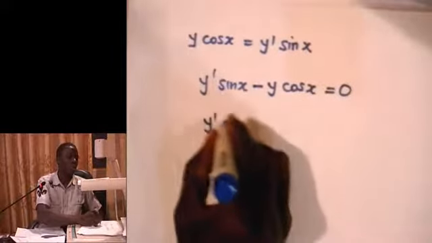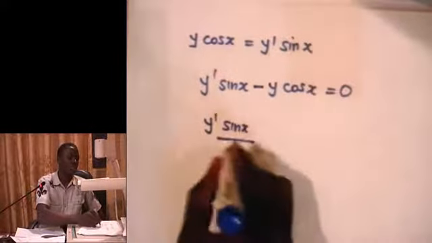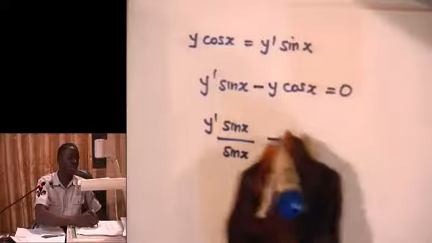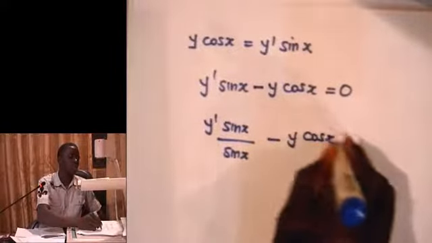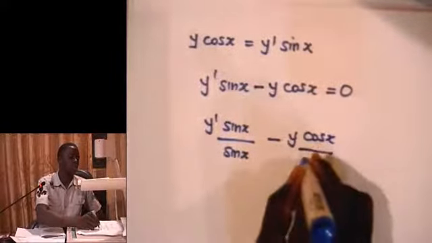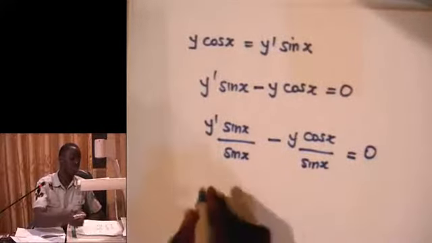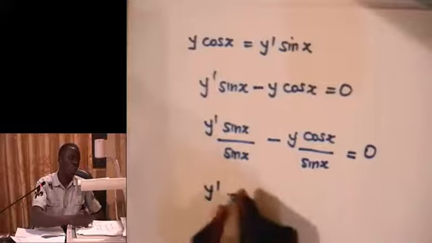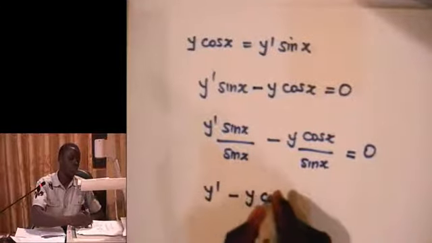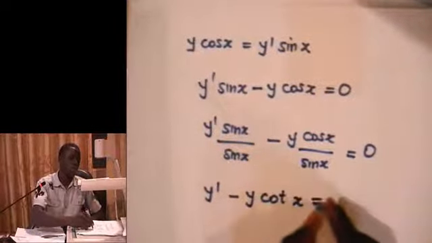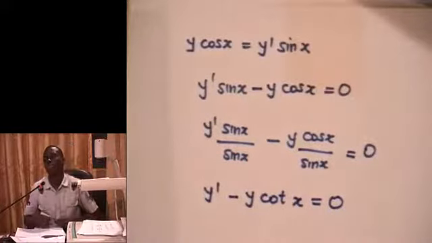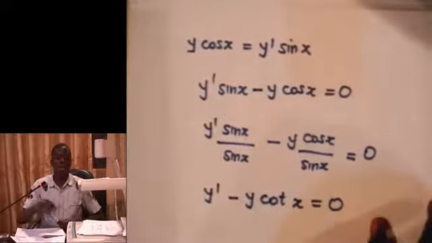You have y prime sine x over sine x minus y cos x over sine x equals 0. So we have y prime minus y cot x equals 0. I hope this is well understood. So this is how to get the differential equation from general solution.